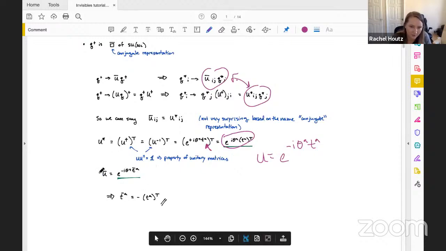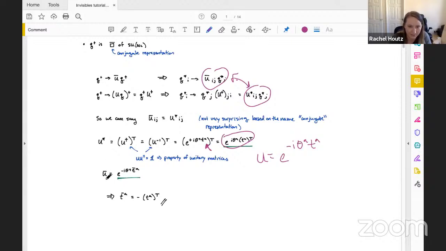And then we also know that, based on the definition of U as e to the minus I theta times the generator, the conjugate unitary matrix is related to the conjugate generators this way, and we get this. Let me circle that more clearly so that it's not covering anything.